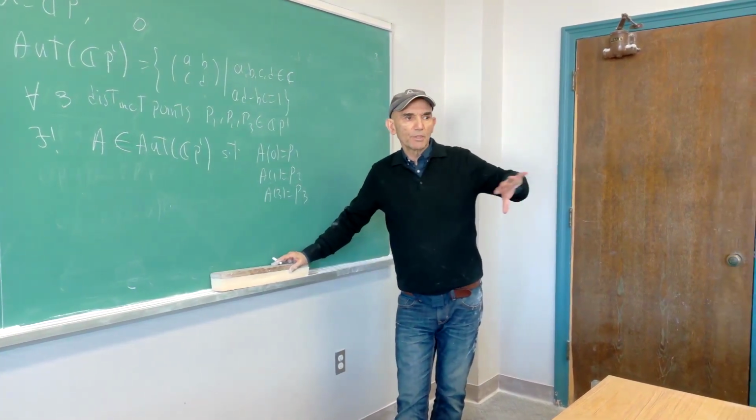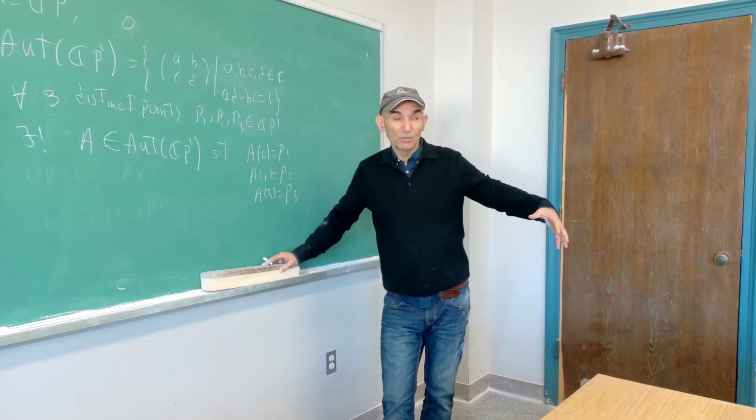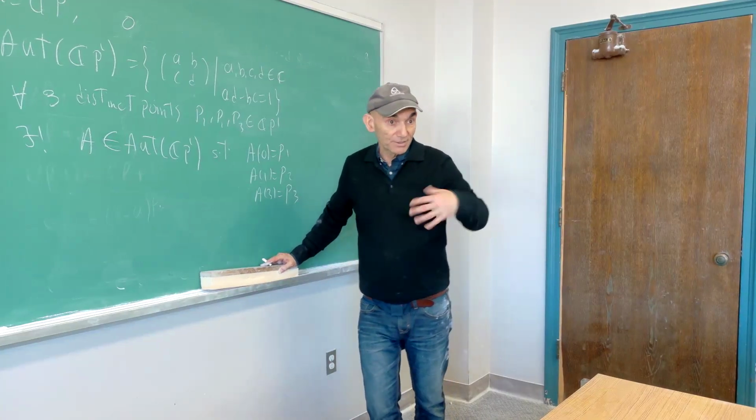So any 3 points can be uniquely mapped to any other 3. The action is 3-transitive.